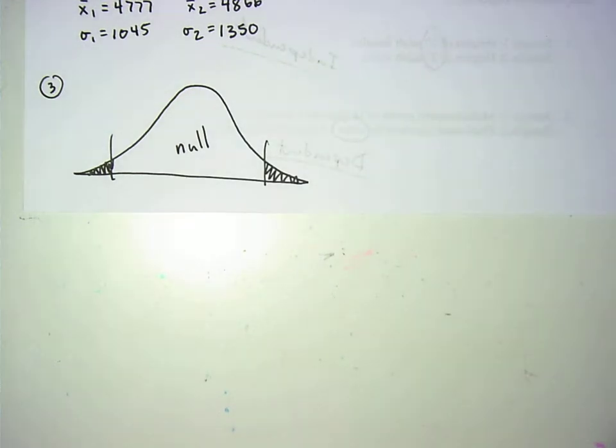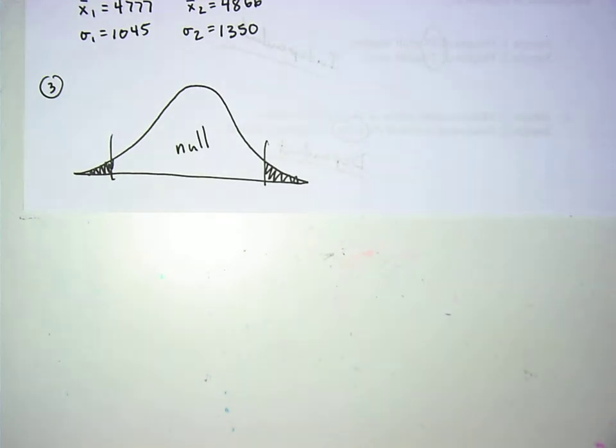All right, so if we go to A16, everybody have their tables? What area are we looking up in each tail? Not quite .95, because remember, 5% is in both tails, so together the two tails make up 5%.